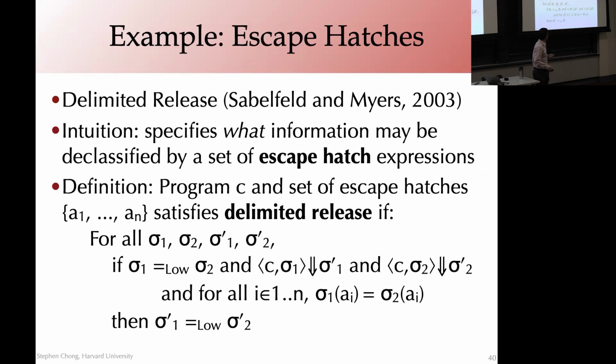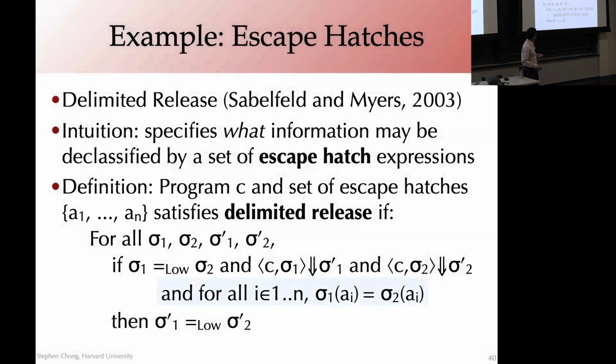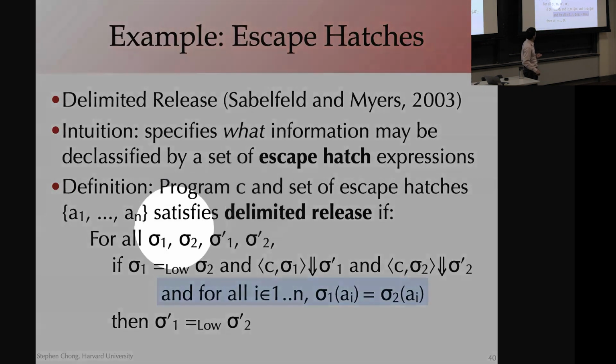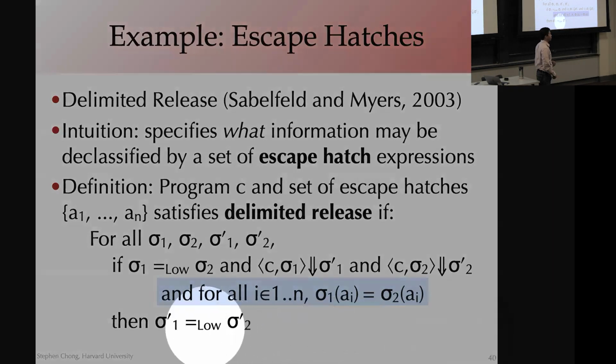So that is, given a program C and a set of escape hatch expressions, A1 through AN, the idea is that if we have low equivalent inputs, sigma 1 and sigma 2, 2 executions, and sigma 1 and sigma 2 agree on the escape hatch expressions, which might include high variables, then the outputs have to be low equivalent.